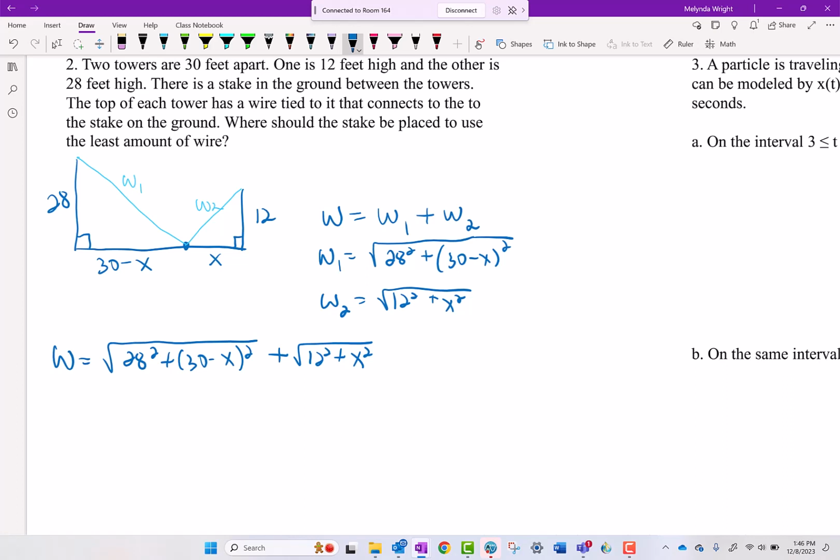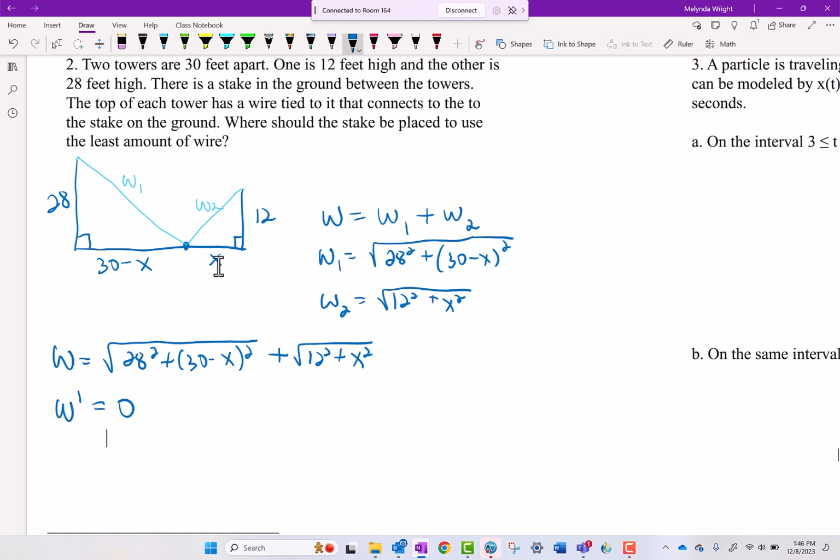We don't need to write the equation of the derivative, but we need to write W prime equals 0. The calculator is going to do that for us. You don't have to show the equation of the derivative; you just need to set it equal to 0.